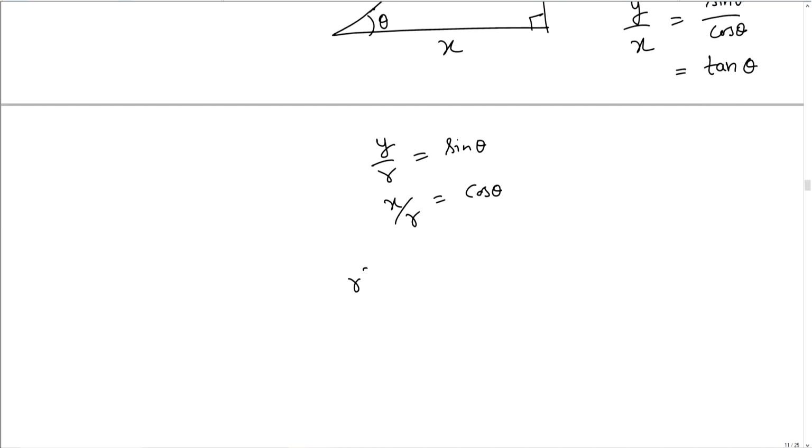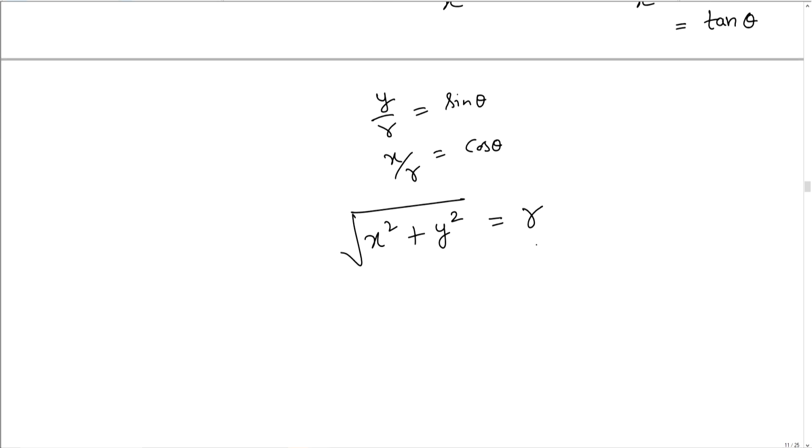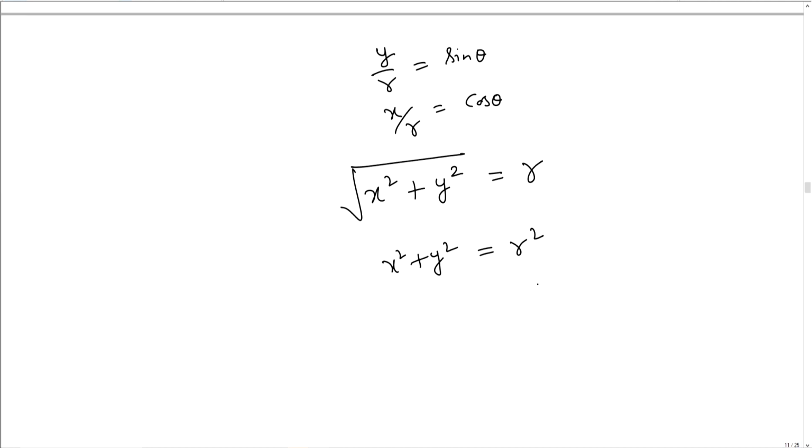You might remember that the square root of base square plus perpendicular square would be your hypotenuse r. That means x square plus y square is equal to r square.